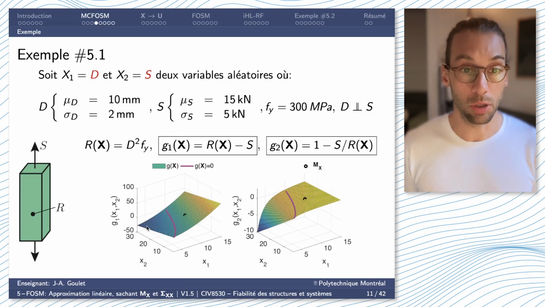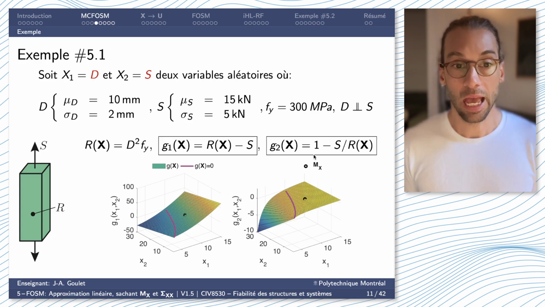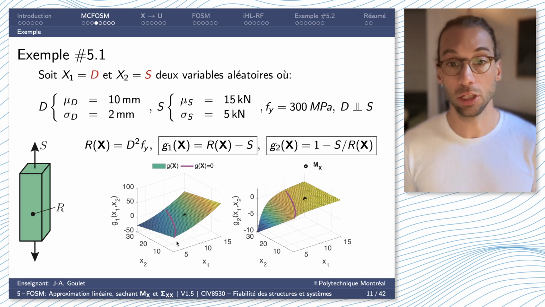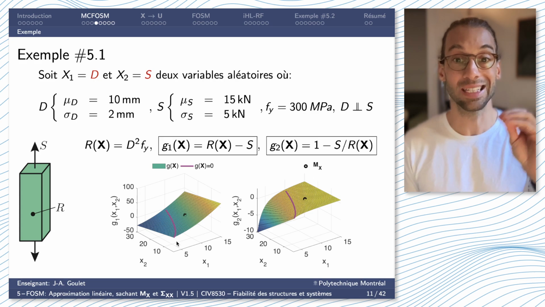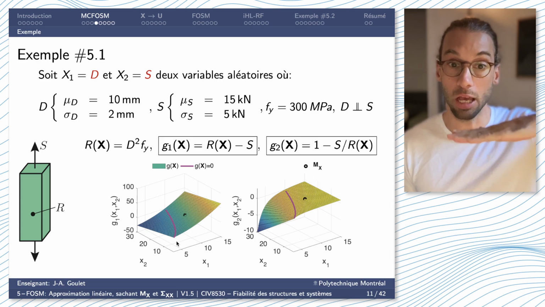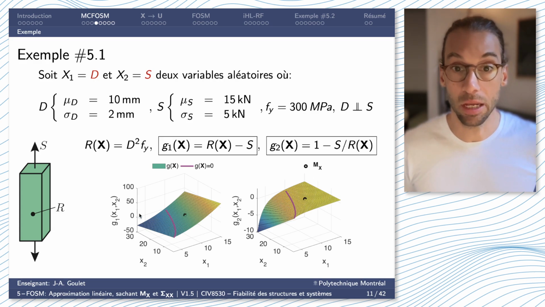We can plot both here on these graphs. Both have the same x1, x2, x1 being D and x2 being S, and we have two surfaces representing G1 and G2. The black point is the mean, m of x, so 10 and 15. Although the shapes of the surfaces are different, the purple line representing the limit state surface, g of x equals 0, the intersection between my limit state function and the plane g equals 0, is exactly the same in both cases.